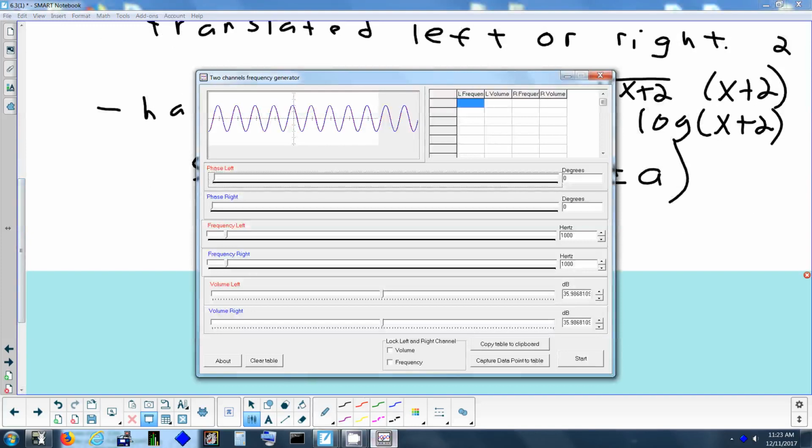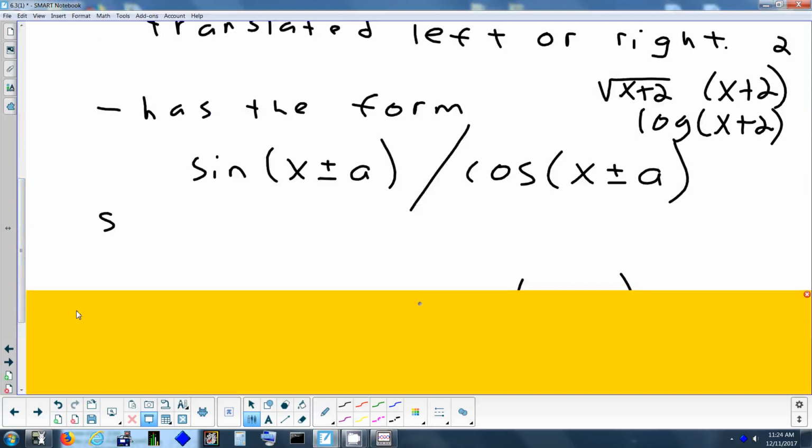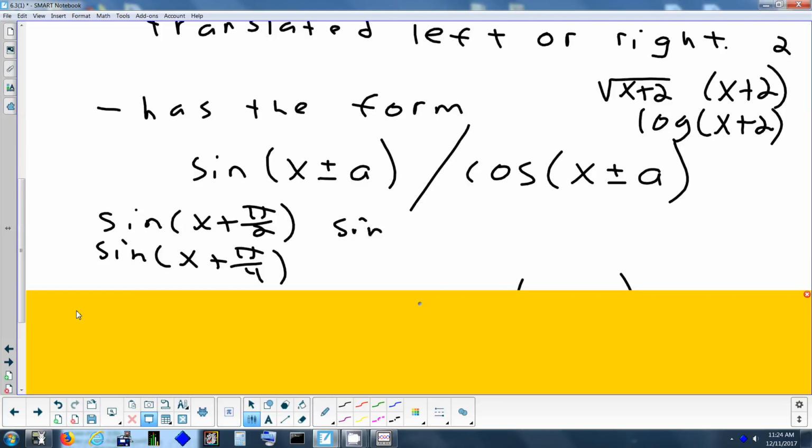Technically, you can shift by any amount you want. If you want to shift by 115.2, you can. If you want to shift by 92.88, you can. You can shift by any amount. But the common amounts that we're going to shift by are pi over 2, pi over 4, and pi.